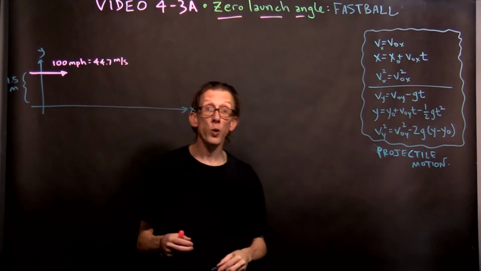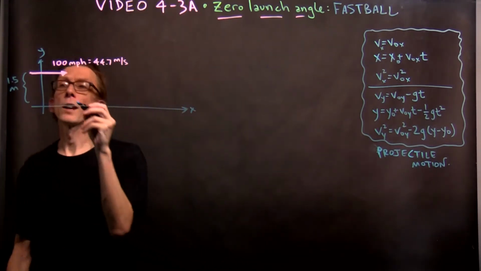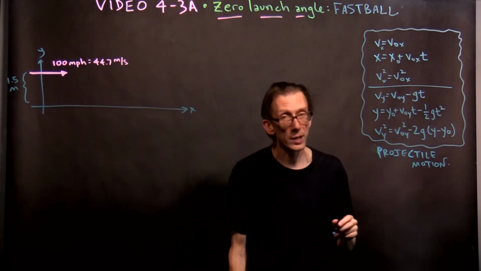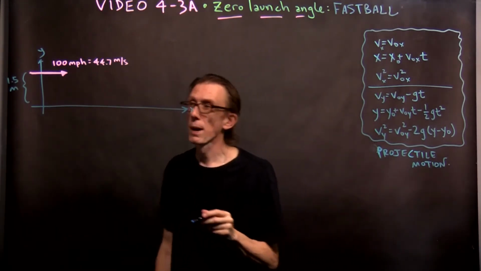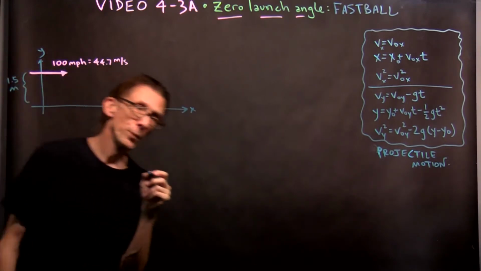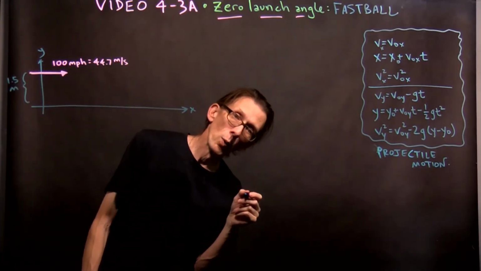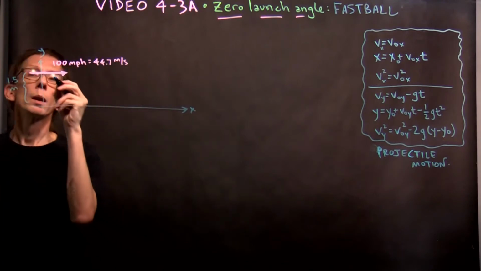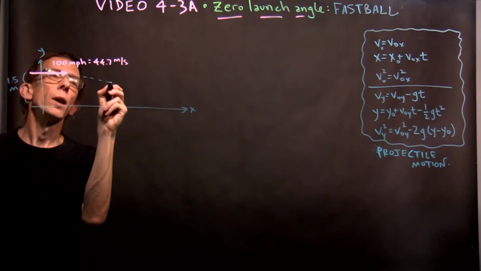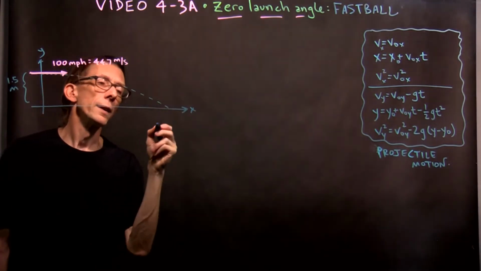So if we track this ball, it's going to take on a trajectory, which is the physics term for a path through space. It's not an easy word to say either, especially in front of a camera. It's going to take a path something like this. It's going to immediately start to fall and land out here somewhere.